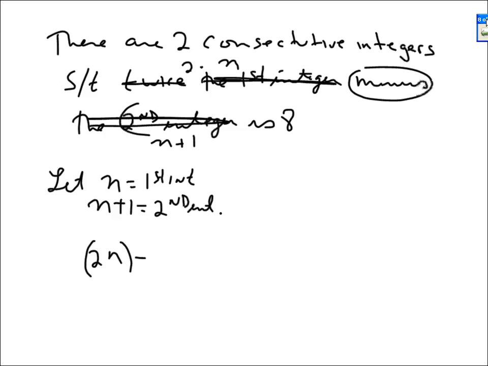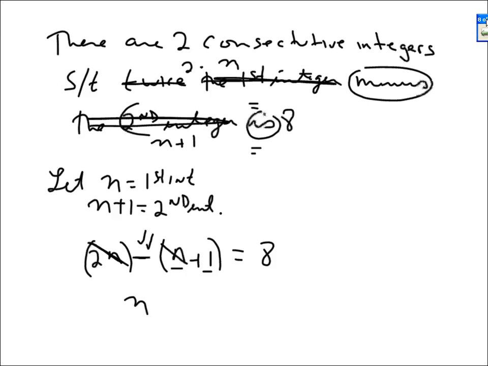The first integer minus the second integer, this means equal, equals 8. Well, 2n, and you have to take away everything in the second bracket. 2n, take away n, that's 1n.